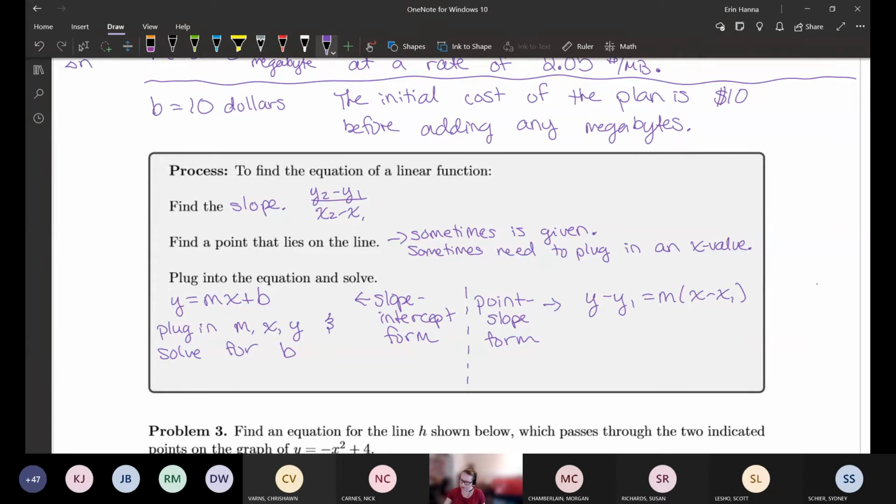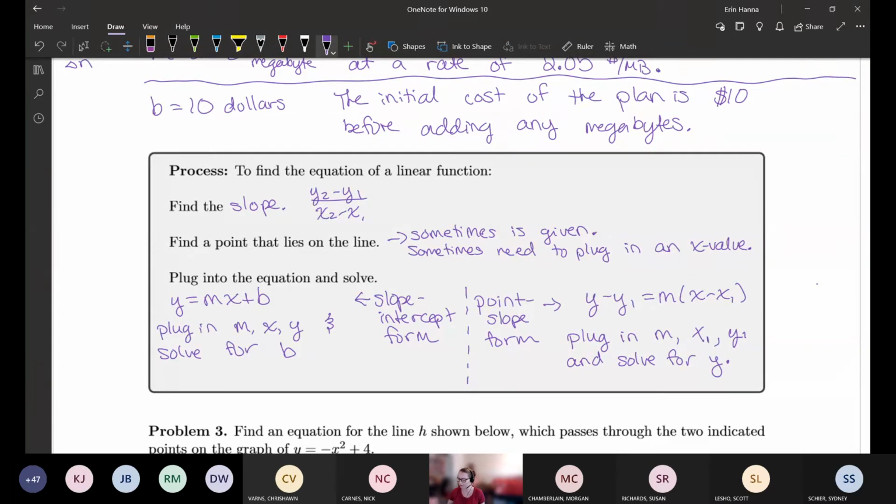And if you do this, what you essentially do is plug in m, and your x value and your y value go in for the x1 and the y1. And then you usually solve for y. Sometimes people say you don't have to, and you really don't have to, but it's good practice when you use point slope form to then just solve for the y value.